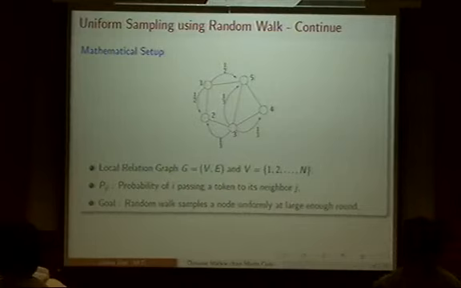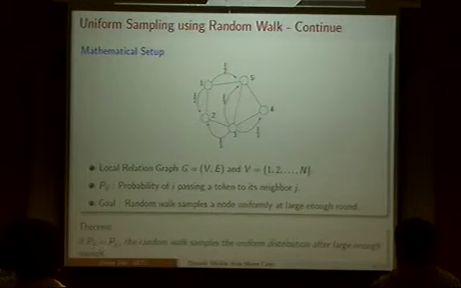As I explained earlier, does this random walk sample a node uniformly at random at large enough round, let's say 10 or 100 or 1000? The answer is no, as we expected. Because the theorem tells that if Pij equals Pji, this symmetric condition, the random walk samples the uniform distribution after large enough round.